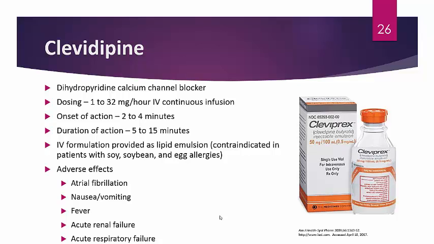In addition, it may result in acute renal failure and acute respiratory failure in certain patients. And another note is that, in difference to Nicardipine, Clevidipine has to be extensively titrated due to its shorter duration of action versus Nicardipine, which may have a longer duration of action.